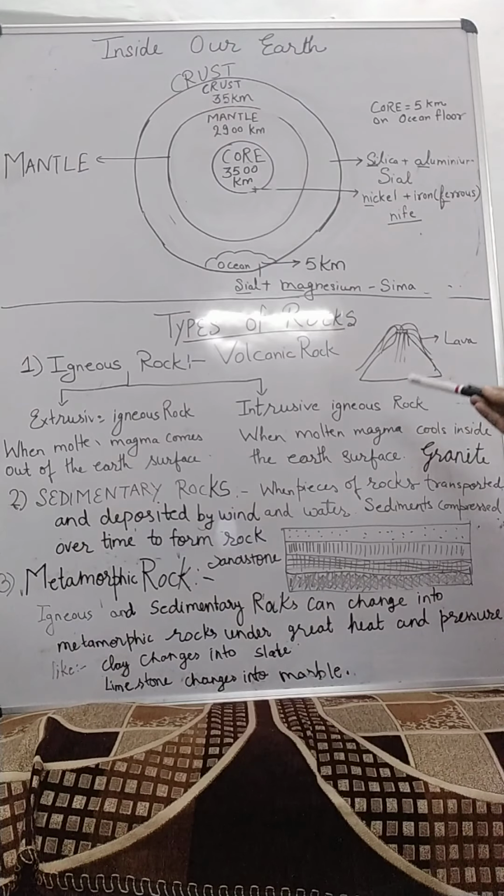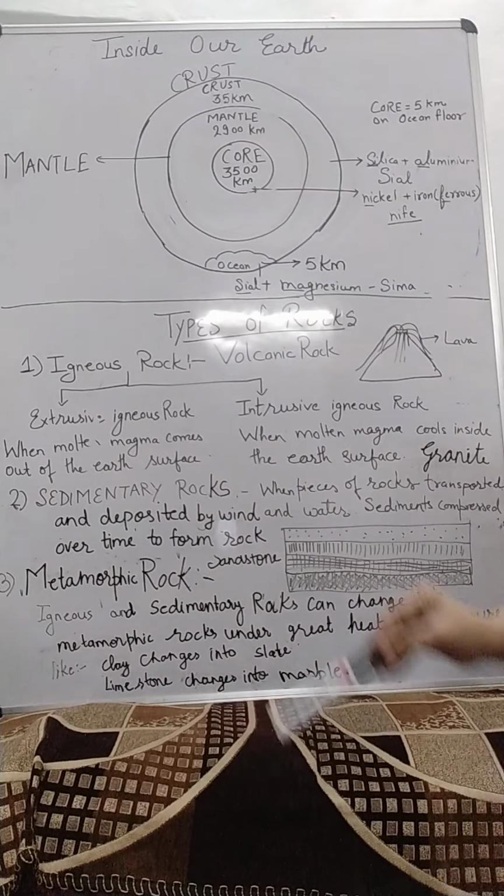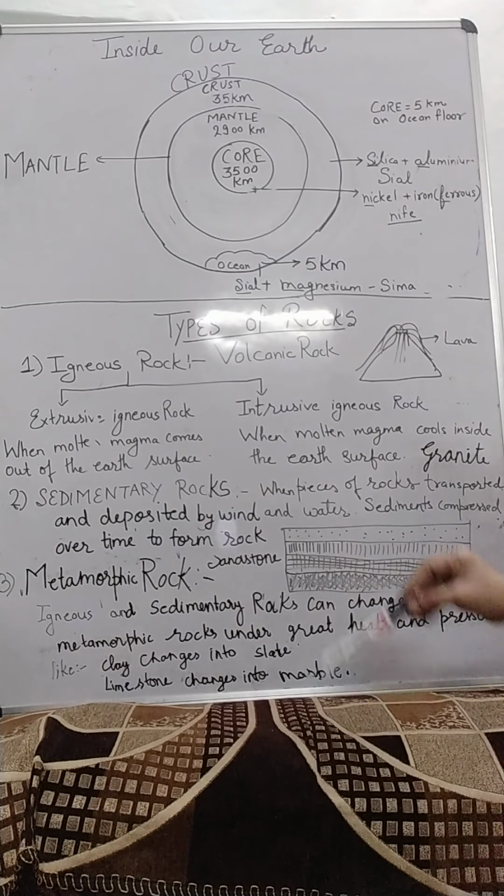And when molten magma remains inside the layers of earth, that forms intrusive igneous. Granite that we use in our kitchen for shelf is an example of intrusive igneous, while basalt is an example of extrusive igneous.